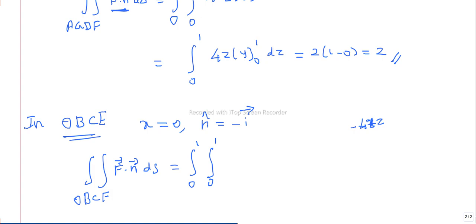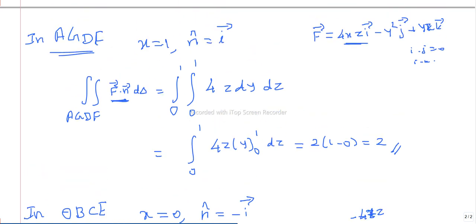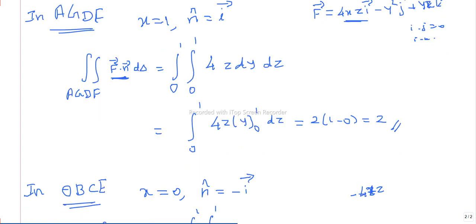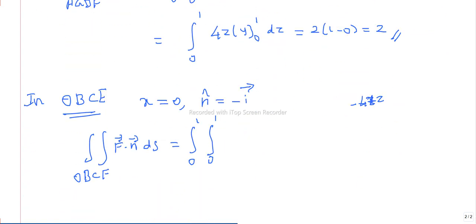Anyway, the dot product should be 0, because F vector is 4xz i, and don't bother about the j and k vectors because you are dotting with i, so those two terms are always 0. Here x equals 0, therefore totally we get 0. 0 times dy dz, anyway you get 0.